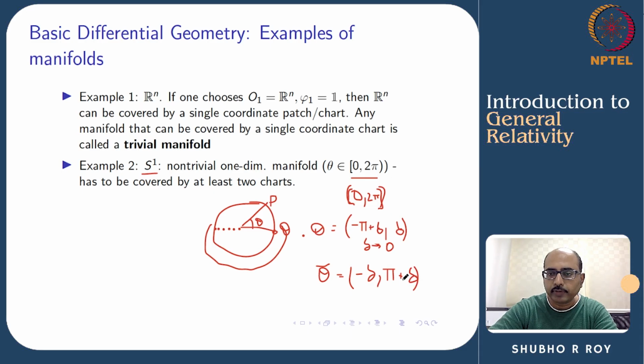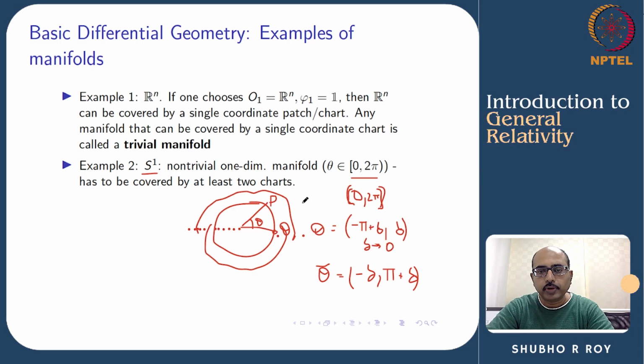Again, delta is infinitesimally small, so that will cover minus delta, meaning it will start from somewhere a little below, somewhere here, and then it will go cover the upper half entirely, and pi plus delta means slightly below this x-axis.